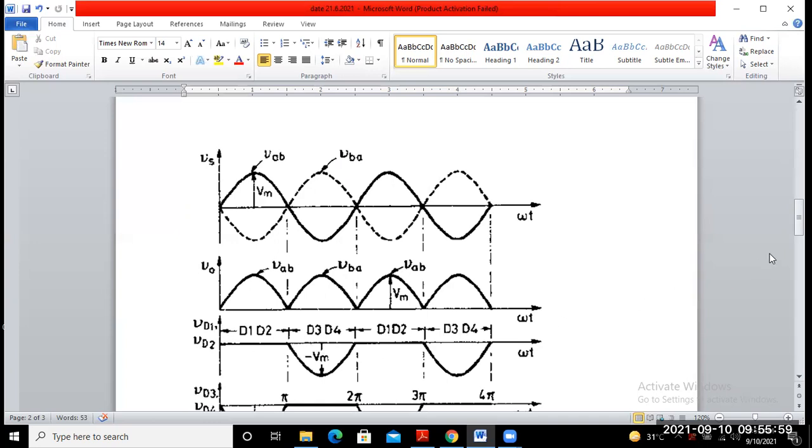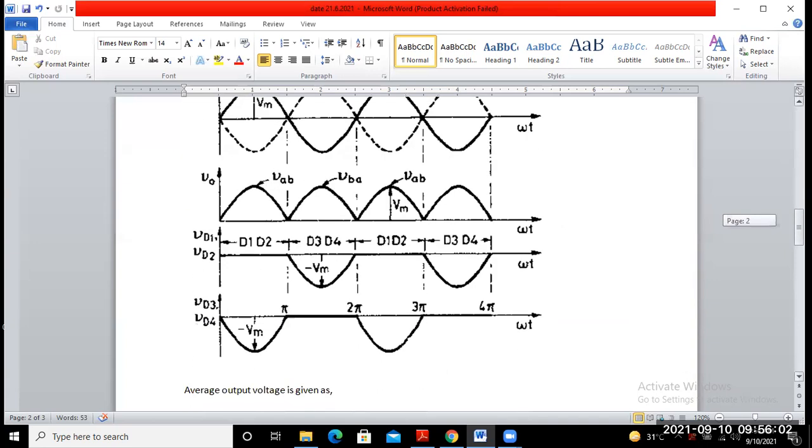Similarly, from 0 to pi, D3 and D4 are in reverse bias, so the voltage of the negative half cycle appears across D3 and D4. But from pi to 2 pi, D3 and D4 are in conduction mode. Whenever the diode is in conduction mode, the voltage across it becomes zero. So you may observe from this dark line that from pi to 2 pi, the voltage across D3 and D4 is zero.